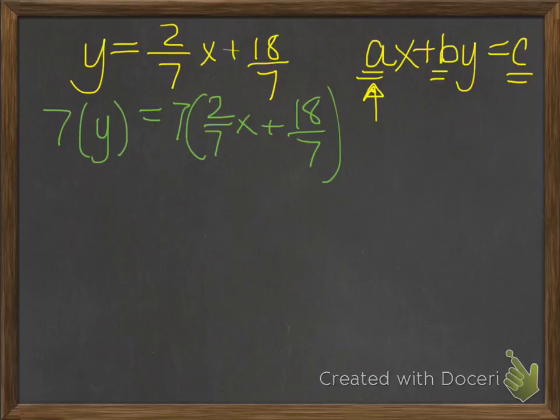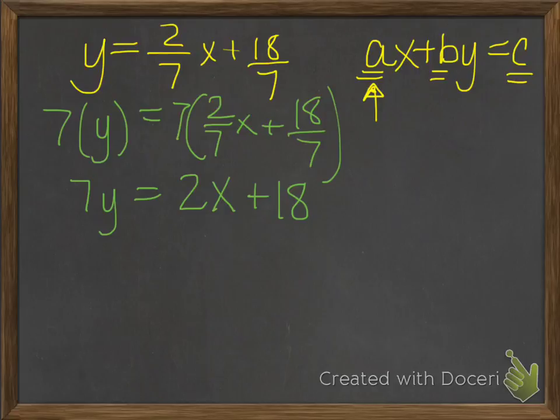Multiplying that out, we get 7y is equal to 7 times 2/7 x, which is just 2x, plus 7 times 18/7, which is 18.